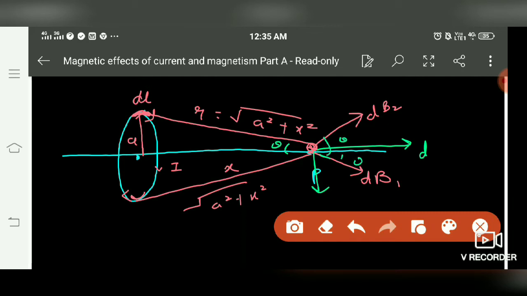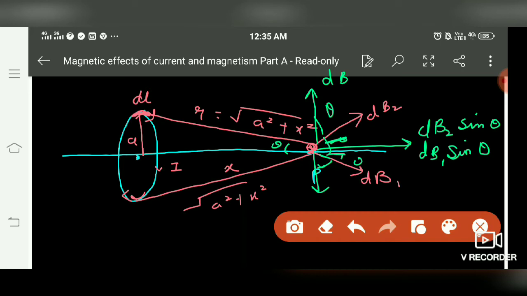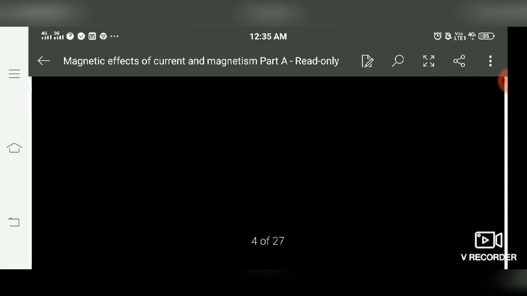So this is dB1 sin theta and dB2 sin theta, and this is dB2 cos theta, and this is dB1 cos theta. So this is the diagram of this.